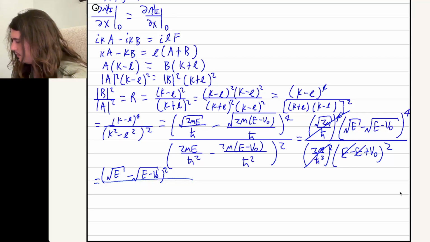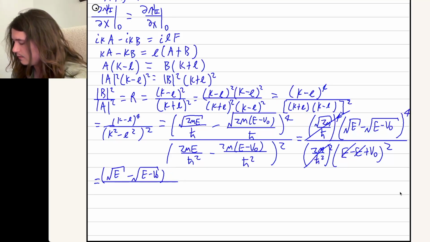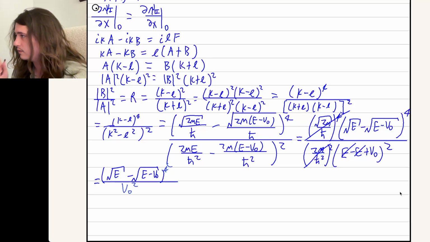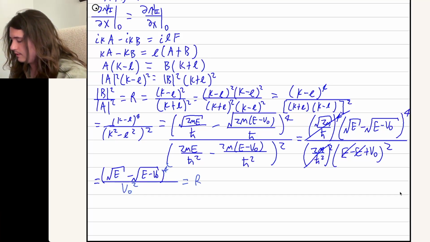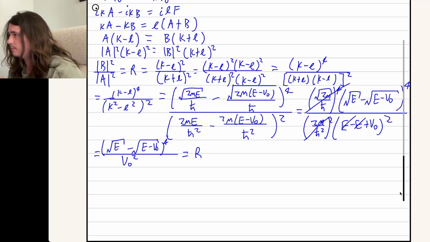And that's not all squared, it's all to the fourth, because this problem had to be fancy. Yeah, all to the fourth. And then just V naught squared on the bottom. And you can leave it like that for the reflection coefficient. It's a convenient form for it.